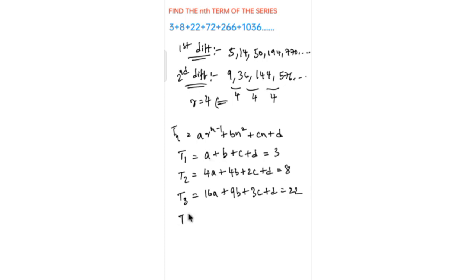And when you find T4, R power 4 minus 1 is R cube, so 4 cube is 64A, and for n is equal to 4, 4 square is 16, so 16B plus 4C plus D, which is equal to 266.